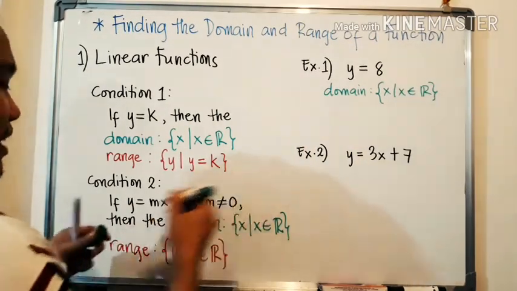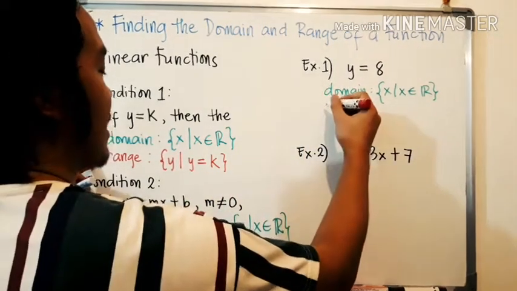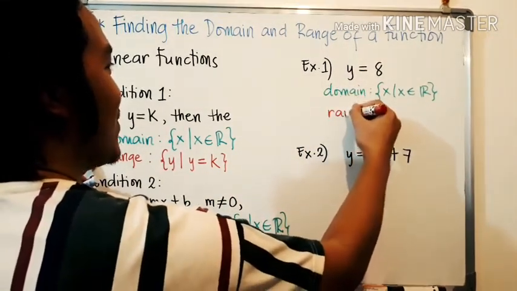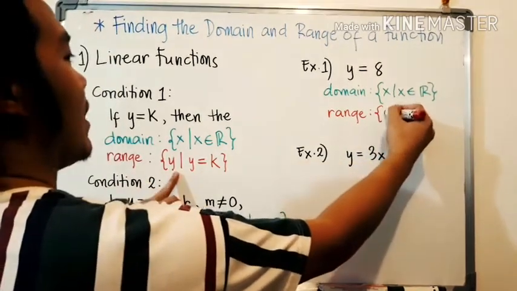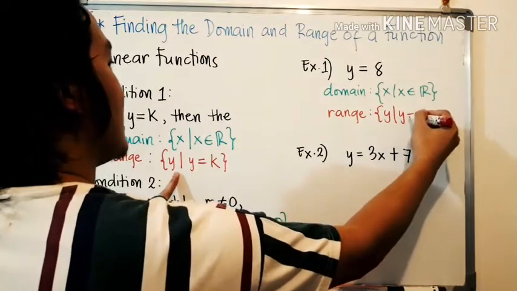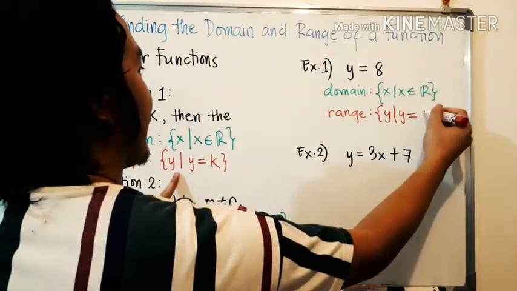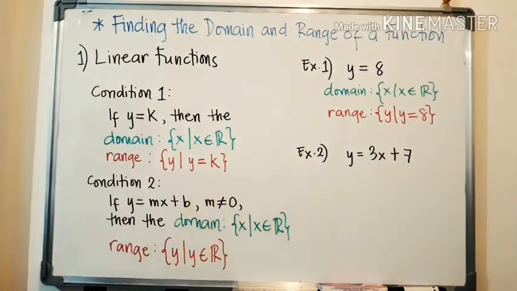And the range of this linear function is the set of all y's such that y is equal to 8. Meaning, there's only one element in the range, and that is 8.